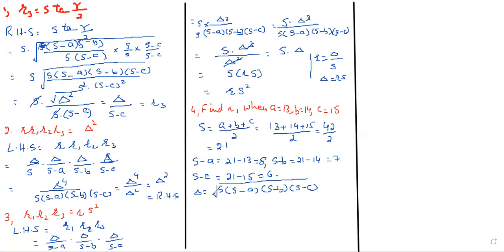Which is equal to the root of 21 times 8 times 7 times 6, okay? So which is equal to, let me check, 21 times 8 times 7 times 6, 7056, okay?